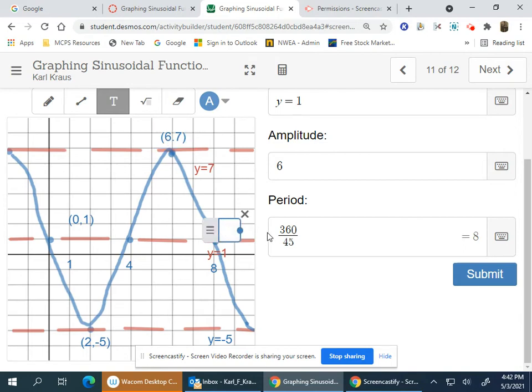Point would be 8, 0. Oops, this is 8, 1. And this is 4, 1.